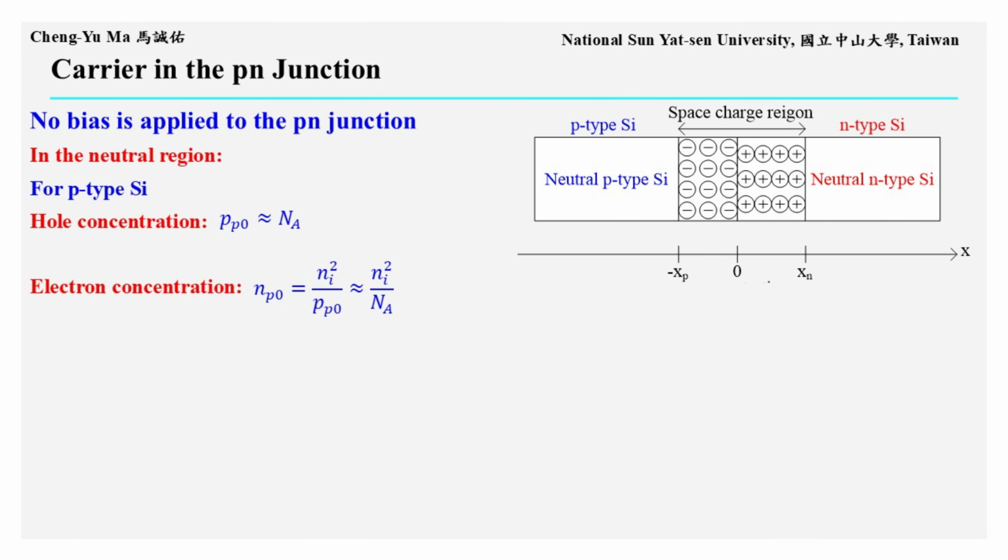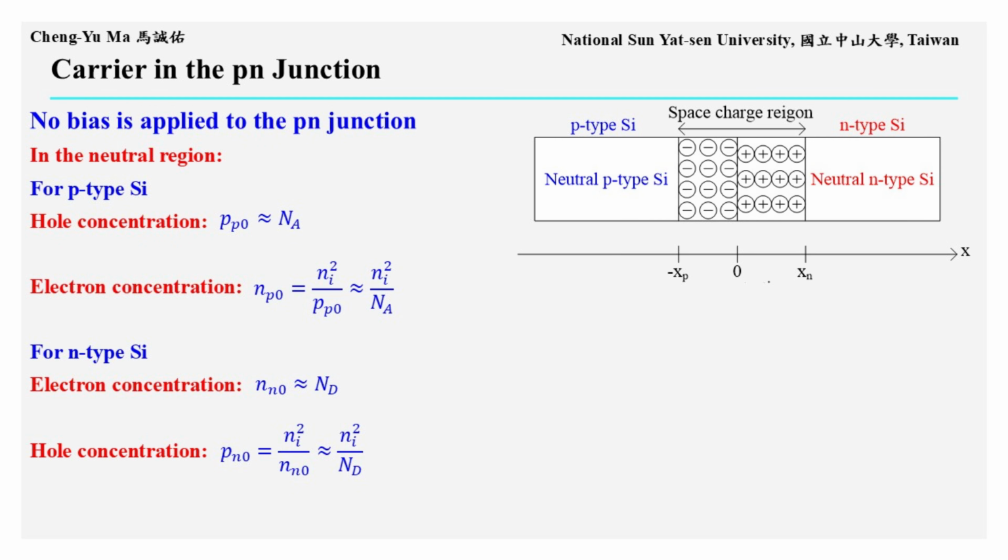As introduced earlier, in a neutral p-type semiconductor, the concentration of the majority carrier holes, pp0, is approximately equal to the doping concentration, Na. The concentration of the minority carrier electrons, np0, is equal to ni squared divided by pp0 and is approximately equal to ni squared divided by Na.